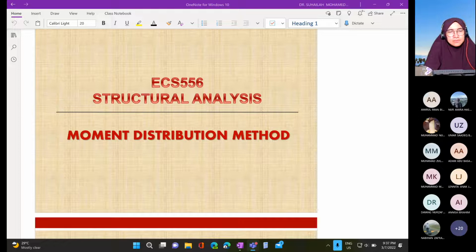Okay, anyone from matrix? No one from matrix. So that means everyone already has the basics. If all are from diploma intake, from polytechnic, I believe you already have the basics.